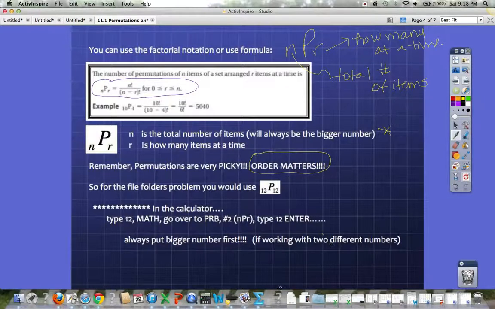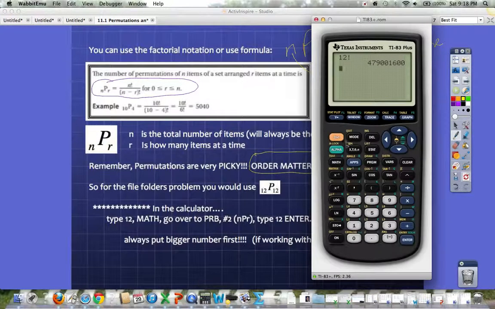In your calculator, I would type 12, and then I would go to Math, PRB for probability, and I would go to the second choice where it says nPr, push 2, and then I would push the smaller number, which still happens to be a 12 in this case, and hit enter, and there you go.